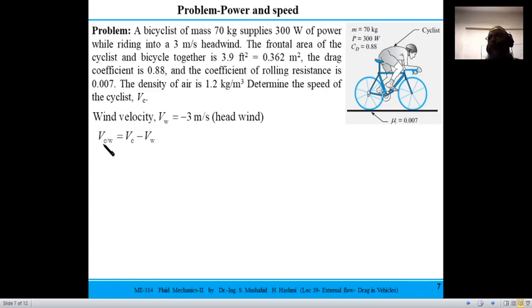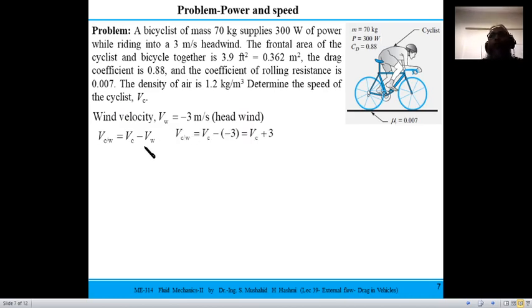The slash represents that this is the relative velocity. Relative to the wind, that is the upstream velocity, the cyclist velocity minus the wind velocity.